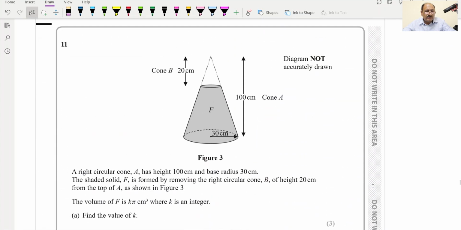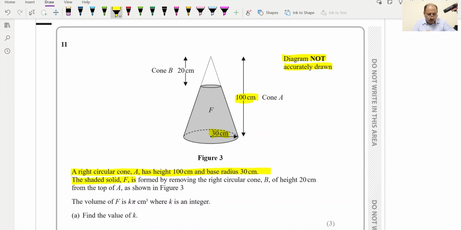Now the next question is question number 11, which is a very interesting question. In this question, they have provided a diagram not accurately drawn, and a right circular cone A has height 100 centimeters and base radius 30 centimeters.